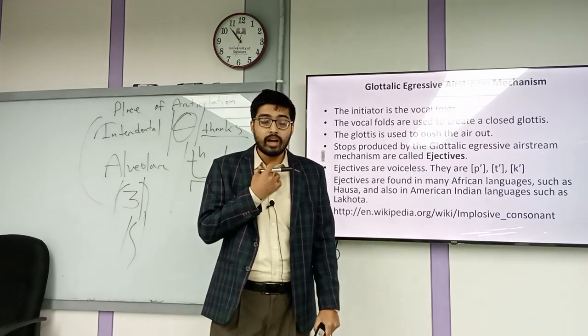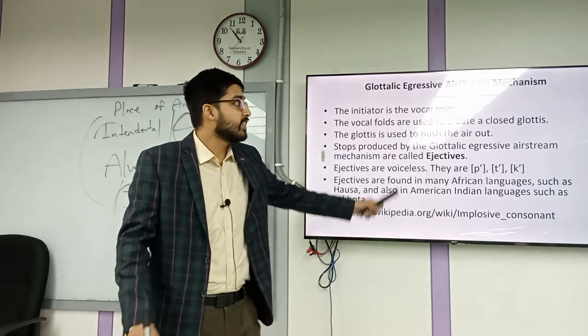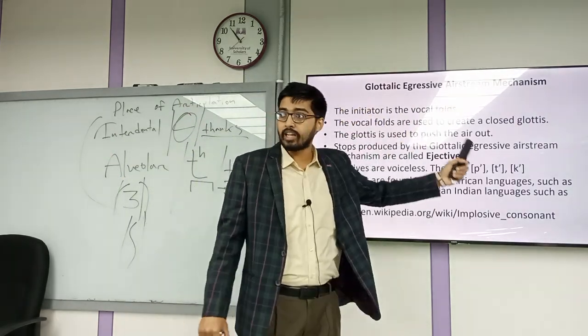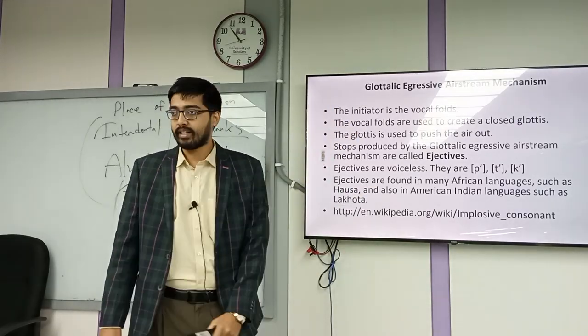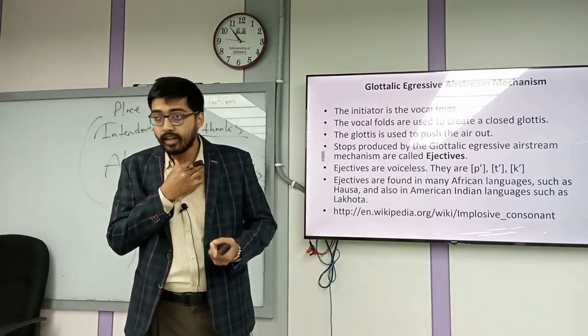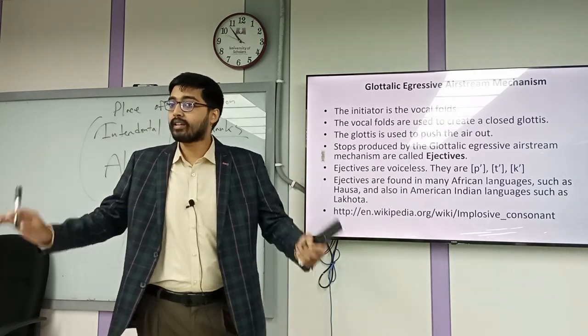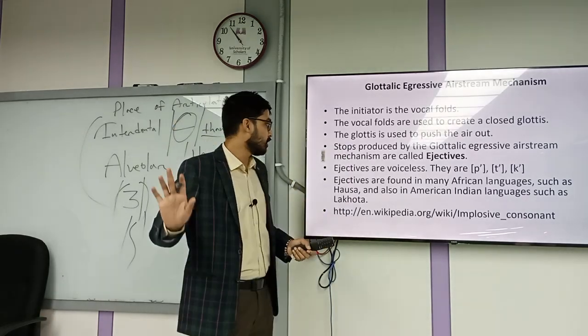Our glottal sounds produce the air ejective. That's why it is named glottalic aggressive airstream mechanism. Aggressive means forcing out the sound. Glottalic means the glottis is forcing the air out. Clear?